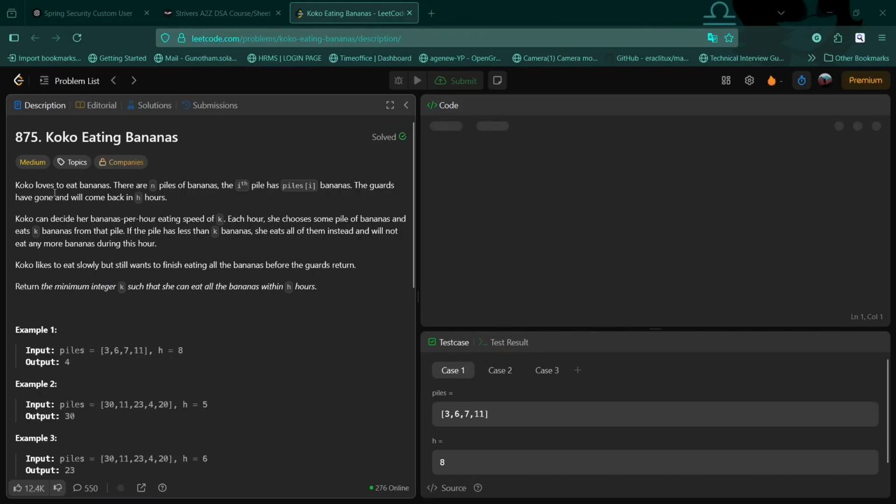What is this problem? Coco loves to eat bananas. There are n piles of bananas. The ith pile has piles[i] bananas. The guards have gone and will come back. Coco can decide her bananas-per-hour eating speed of k.